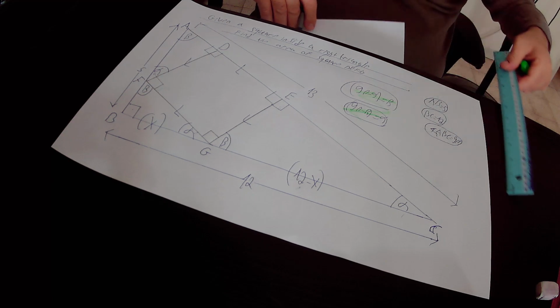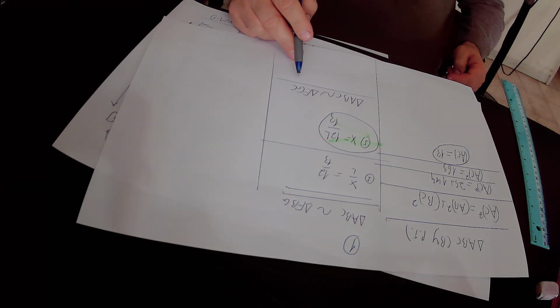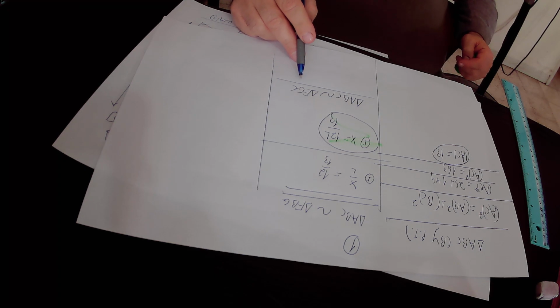Repeat again. The big right triangle ABC is similar to the right triangle AGC.